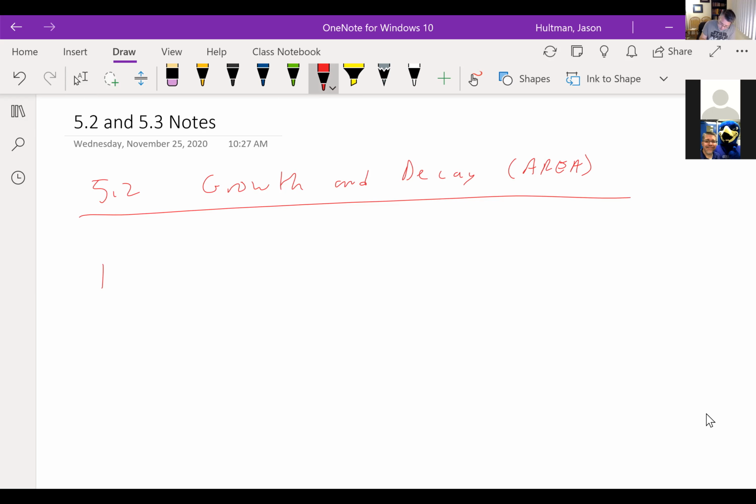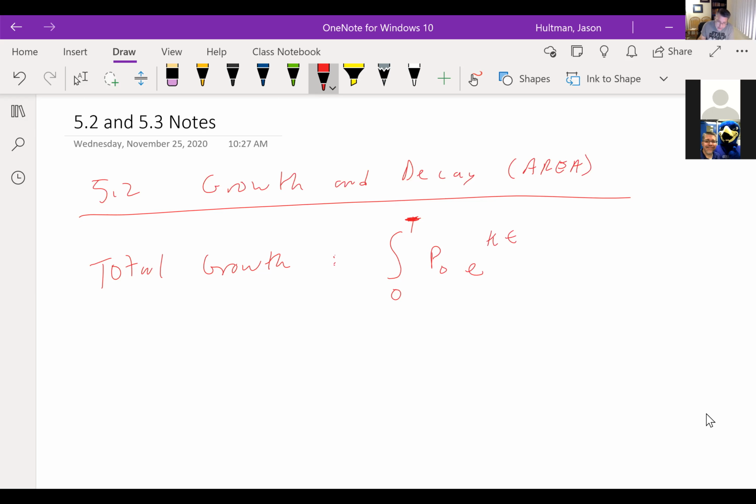Okay, so total growth of a growth model, or what we would call an exponential model, right? Total growth would be the integral from 0 to T, for wherever I stop, of P naught e to the kt dt. P naught is the initial amount that I have.